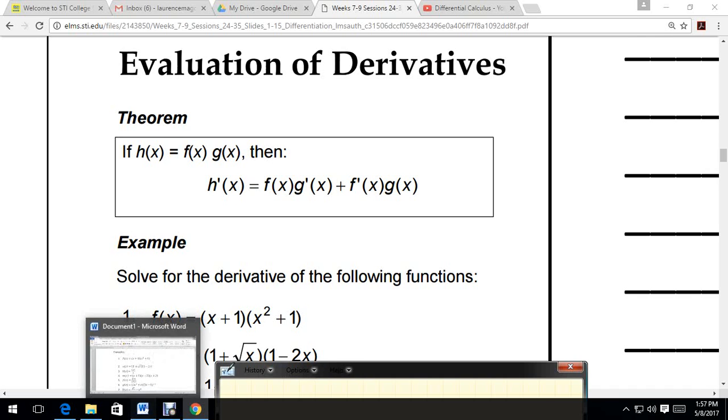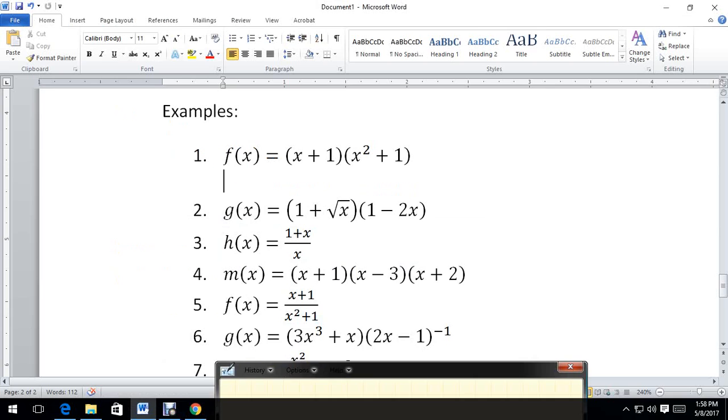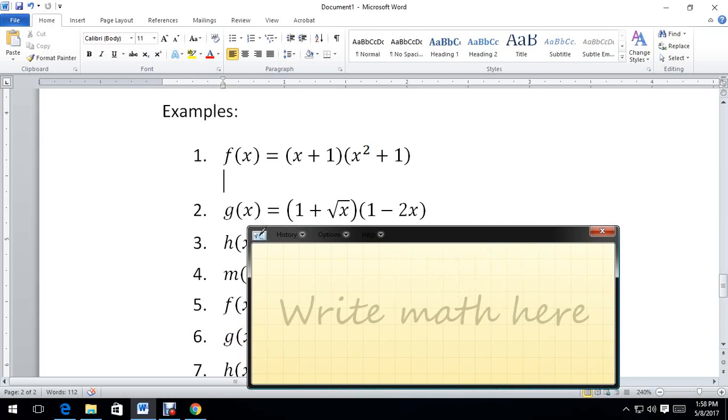Let's write this in a longhand, familiar notation.